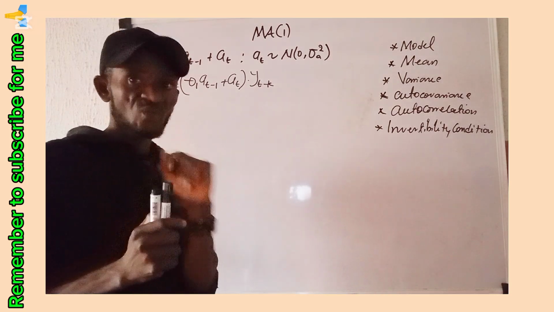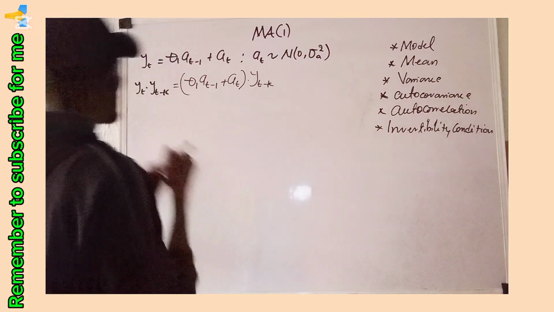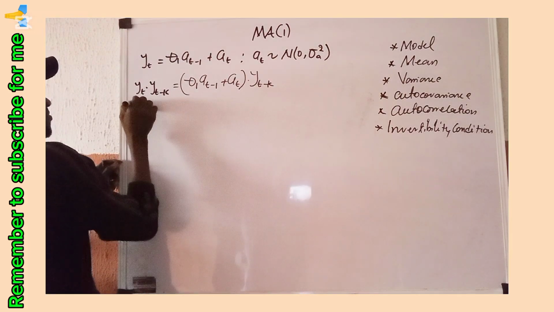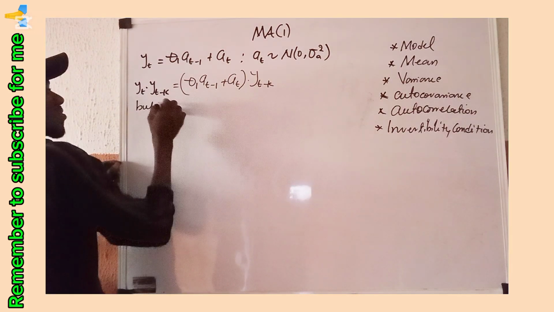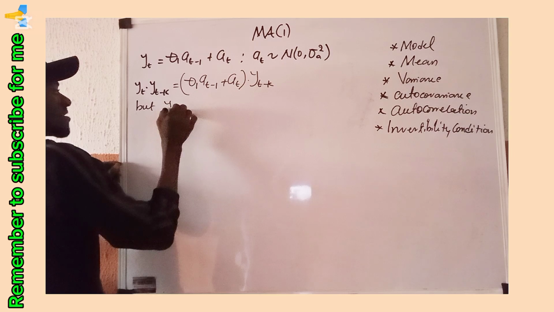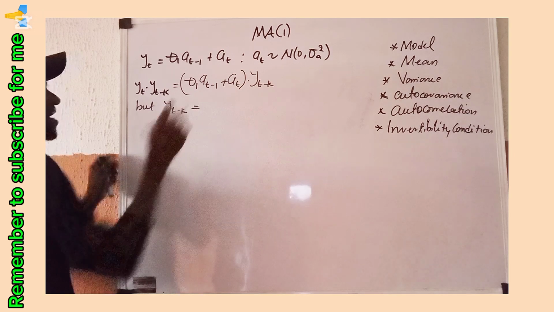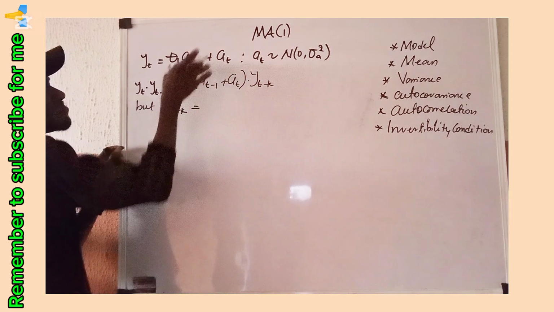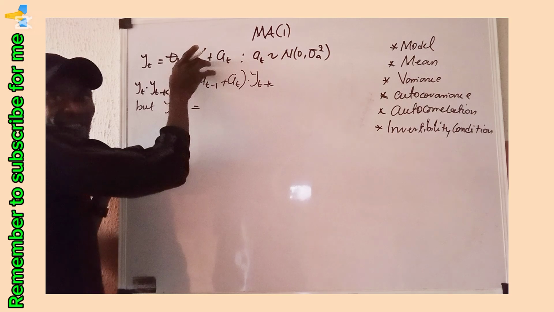So what we are now going to do is recall for ourselves that y of t minus k equals the following. I am going to write its value mimicking what we had earlier.